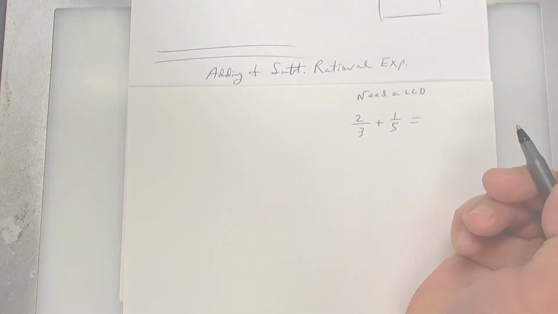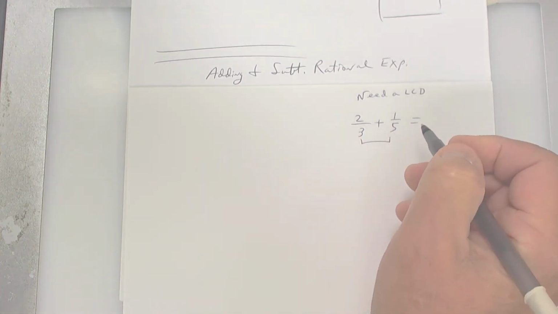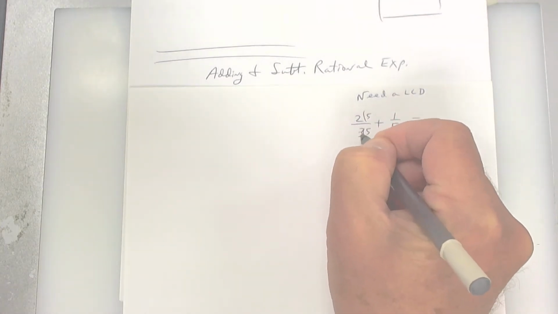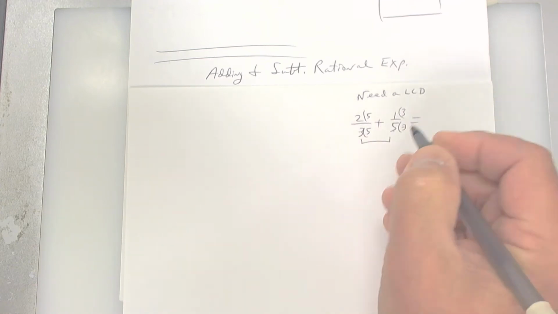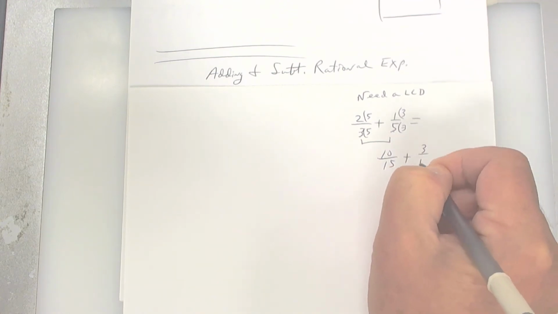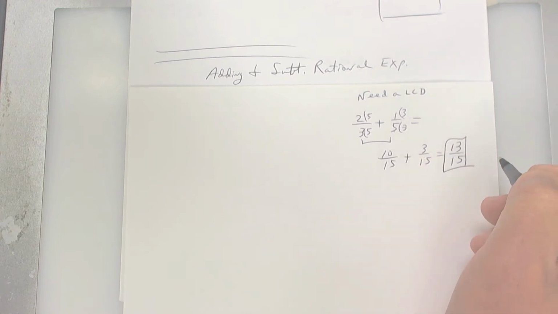Well, here, your least common denominator is 15. So what you're going to do is take the 5 and put it over here, and then take the 3 and put it over here. We went over this a long time ago, so you're going to get 10 over 15 plus 3 over 15, which gives you 13 over 15, and that's your answer. And that's how you do that.